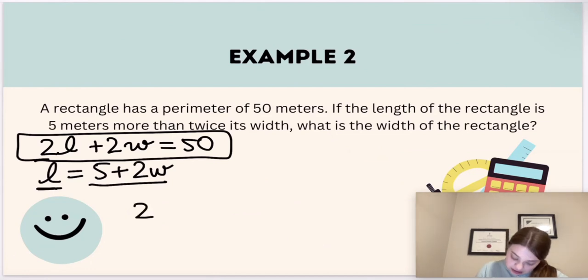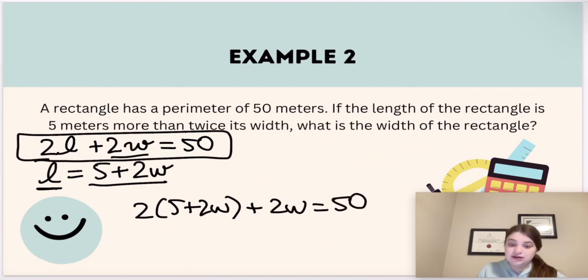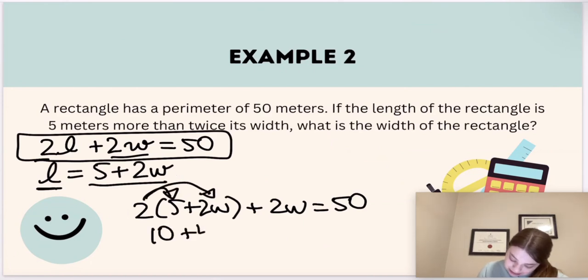So we have 2 times 5 plus 2W, plus the 2W right here, is equal to 50. Then I'll use the distributive property to simplify the left. 2 times 5 is 10. 2 times 2W is 4W, plus another 2W is 50.